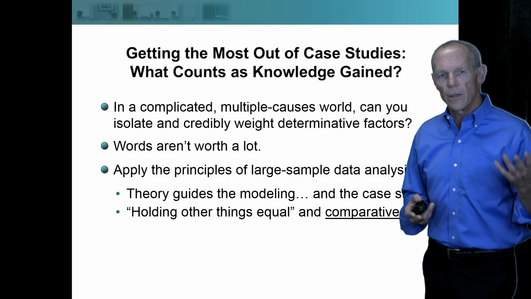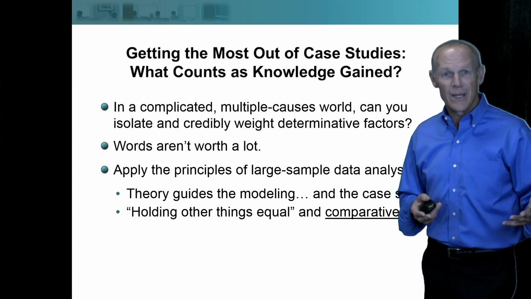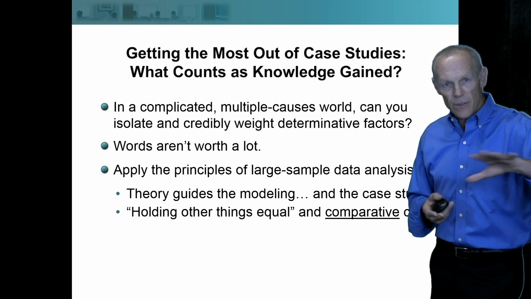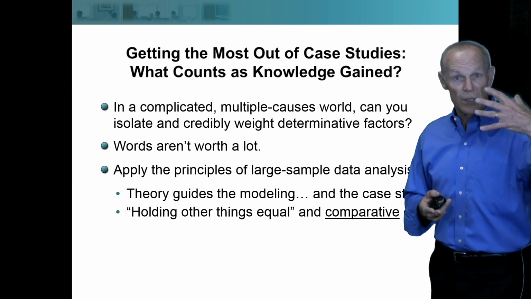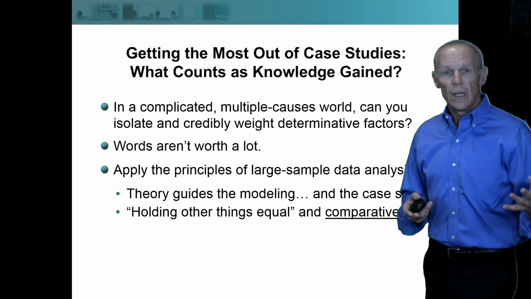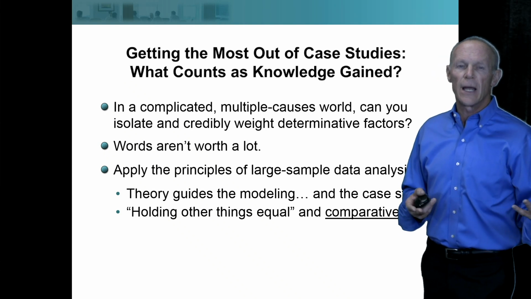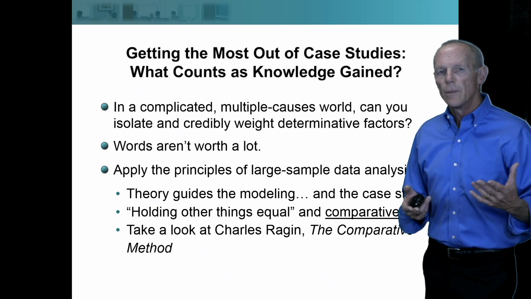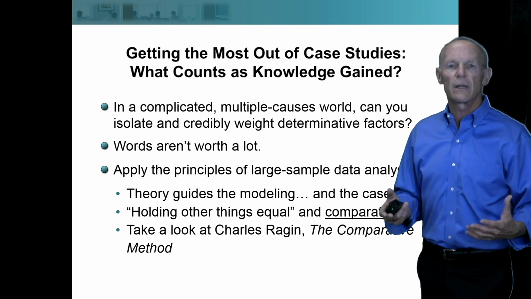In that regard, I urge you, you can actually, now these days, code your case studies. You can measure your factors, or with simple presence or absence of given factors, you can actually code them. And there's a great set of analyses. And I'd urge you all to take a look at a little short book by a fellow named Charles Ragin called The Comparative Method.